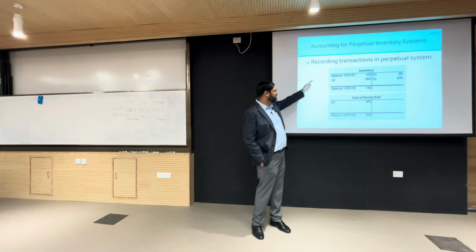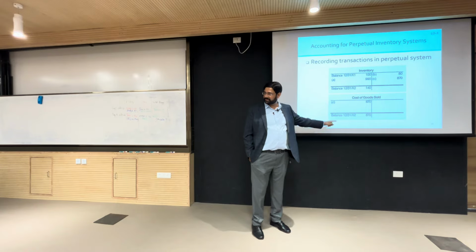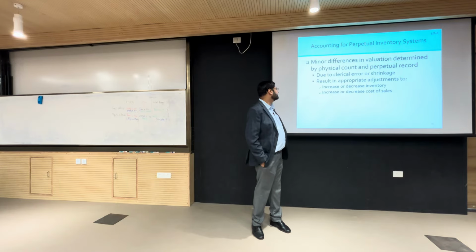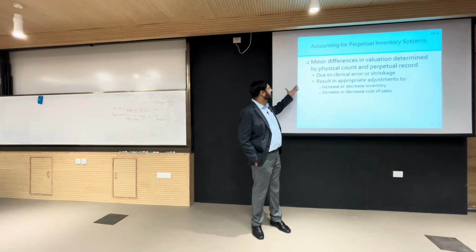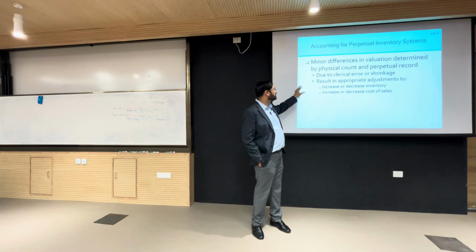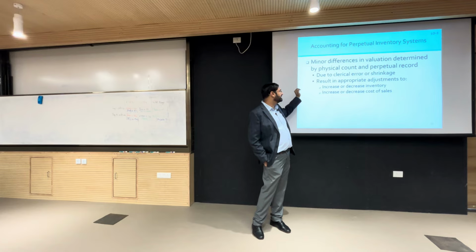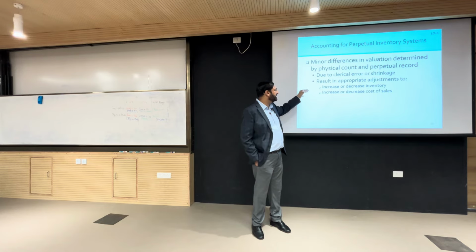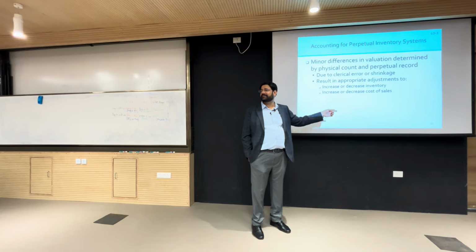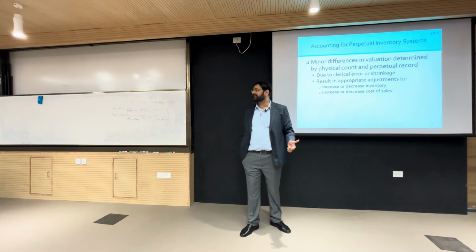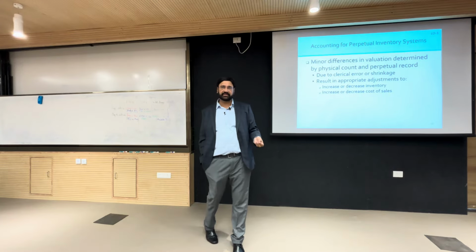Again, this is perpetual system ledger accounts, which we have already seen. Next. Then minor differences in valuation determined by physical count and perpetual record due to clerical error or shrinkage. So then we have to adjust the inventory, and we have already seen the inventory shrinkage, as in this case was 5 rupees, right?